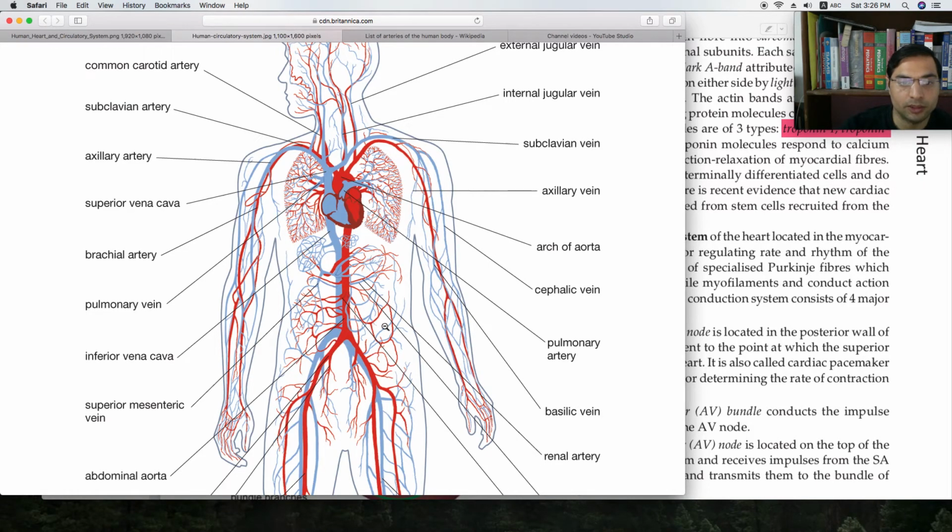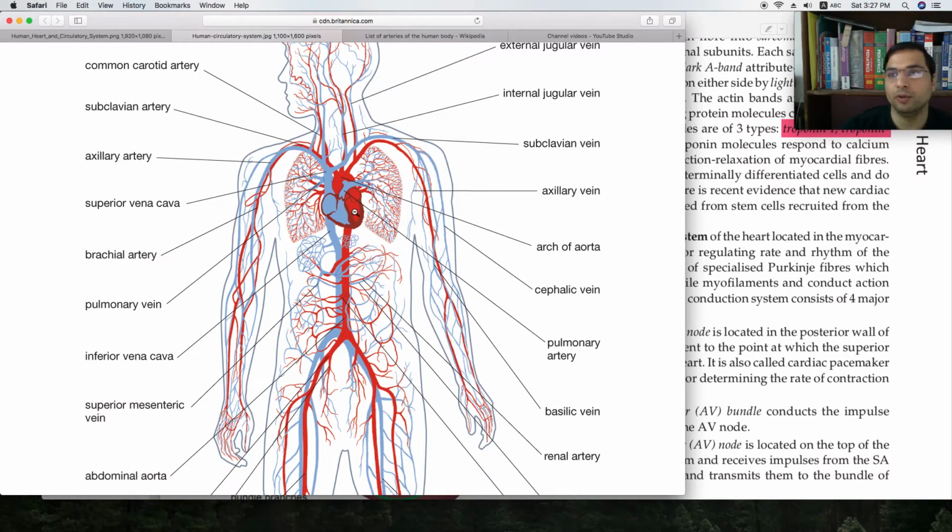So from the lower portion of the body, the inferior vena cava brings the blood, and from the upper portion of the body, the superior vena cava brings the blood, and it drains into the right atrium, and from the right atrium the blood goes into the right ventricle, and from the right ventricle it is pumped into the pulmonary artery, and from the pulmonary artery it goes to the left lung and the right lung, where it is oxygenated and again put back into the pulmonary veins and again into the left side of the heart, right?